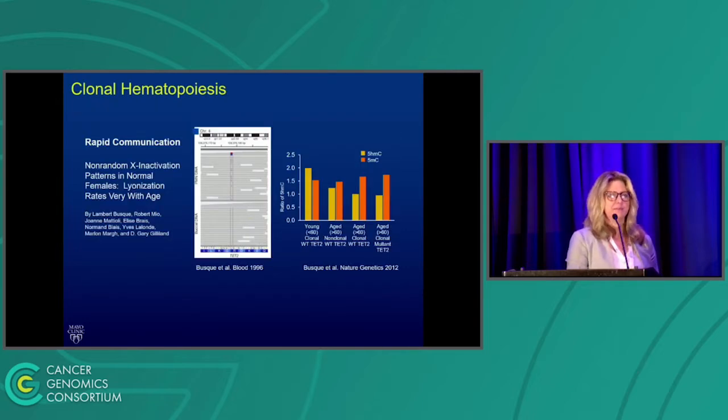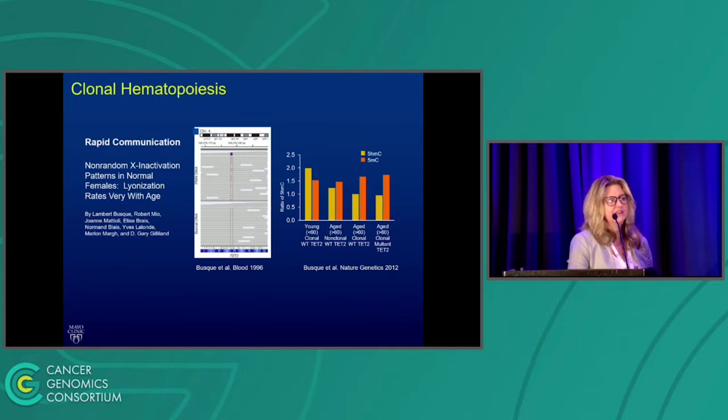So clonal hematopoiesis is not a new kid on the block. First observations go back to 1996, when non-random X inactivation was first described in females. And this group very astutely observed that this had to be clonal in nature. But it was only in the 2000s, when next-gen sequencing became available, that people were able to deduce that these were actually somatic mutations.